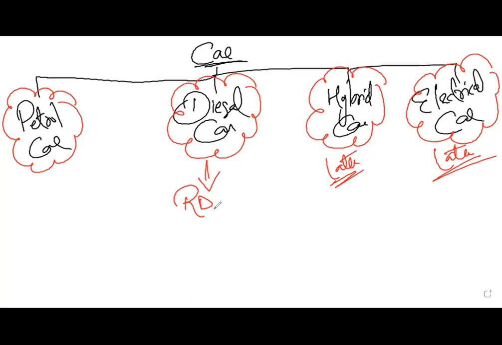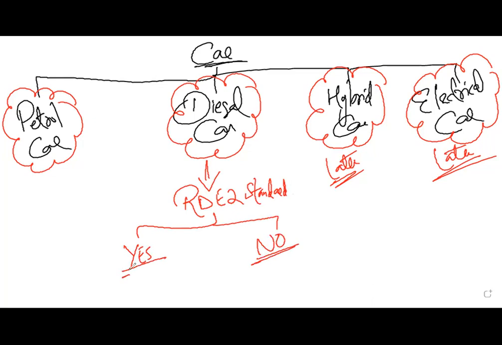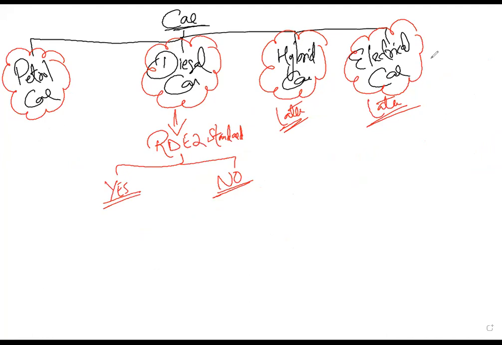Whether the car is meeting the standard or not will always be mentioned in your paper, yes or no. It will always be mentioned in the question. You don't need to apply any test to find out. It will be written very specifically, but only for diesel cars.